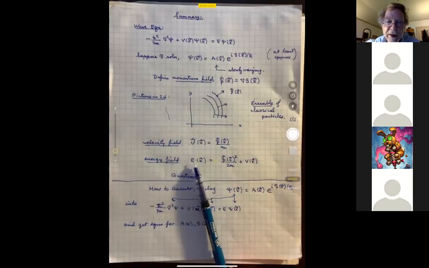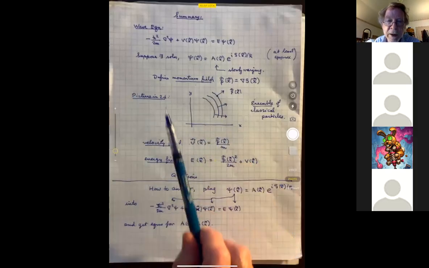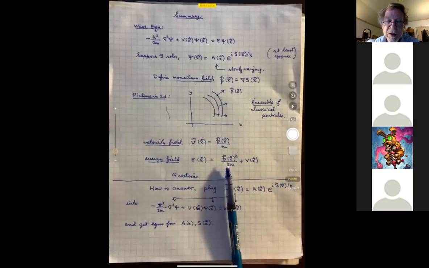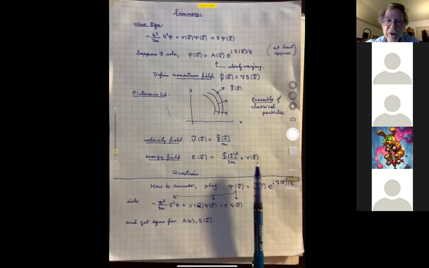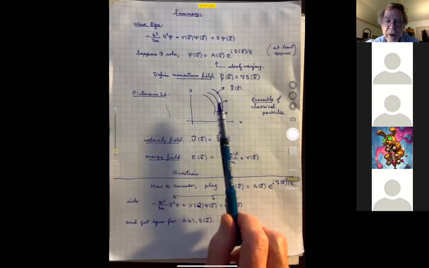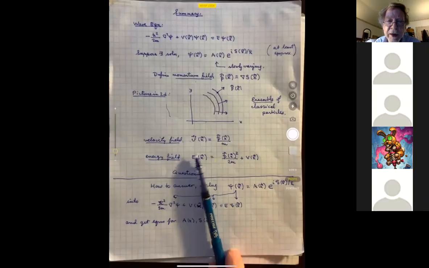The answer to that is yes, and I'll show you that in a little while in tonight's lecture. This energy field is actually constant and is equal to the energy eigenvalue of the corresponding Schrodinger equation. That means this momentum field has the property that p squared over 2m plus V of x is constant everywhere. All right. Now then, here's another kind of question you can ask.